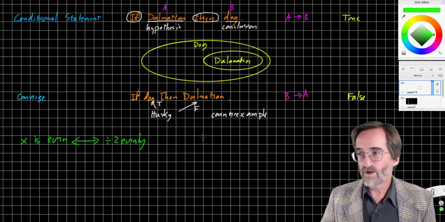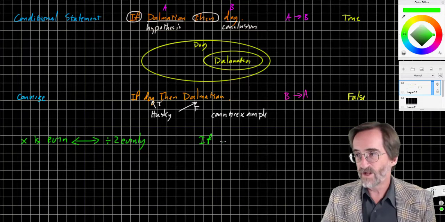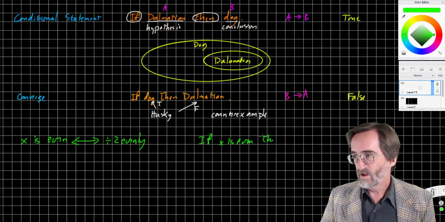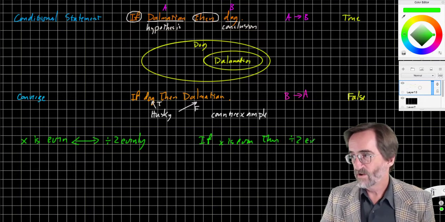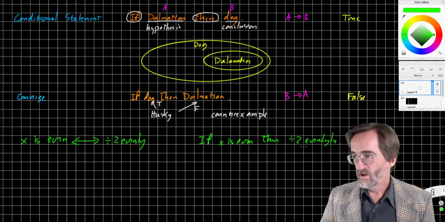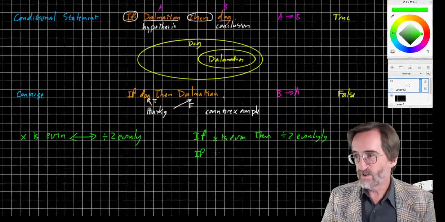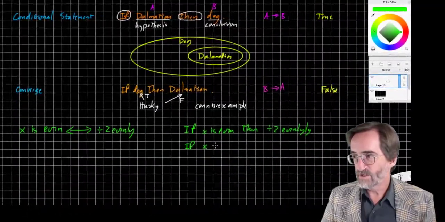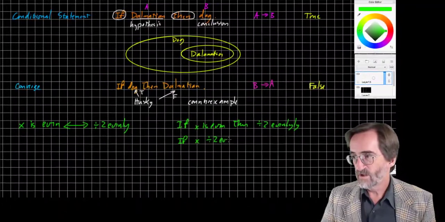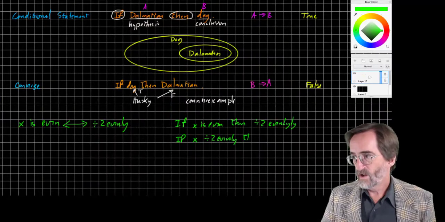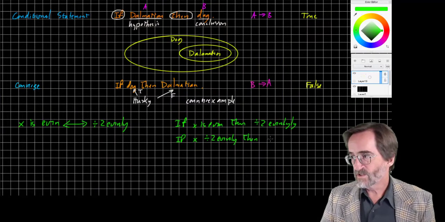Right? So I can write two conditional statements. If x is even, then it divides by 2 evenly. And if x divides by 2 evenly, then it is even.